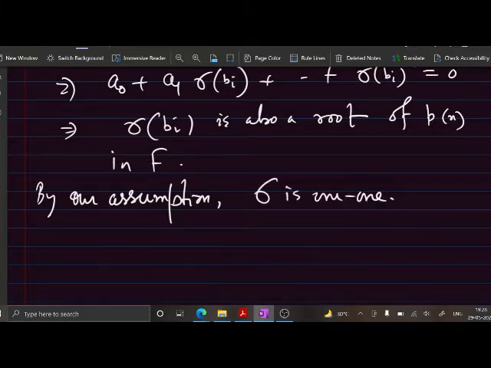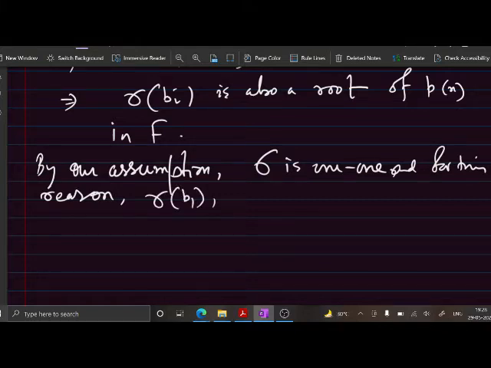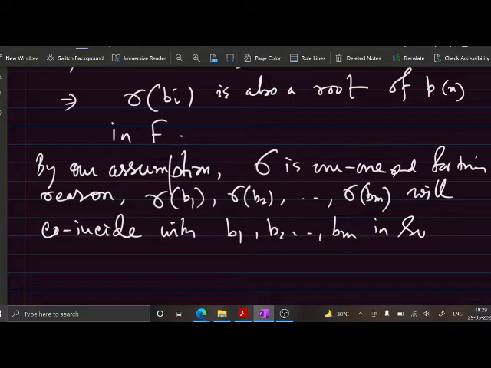Since it is an embedding, it is 1-1, and for this reason sigma b1, sigma b2, ..., sigma bm will coincide with b1, b2, ..., bm in some order, right?